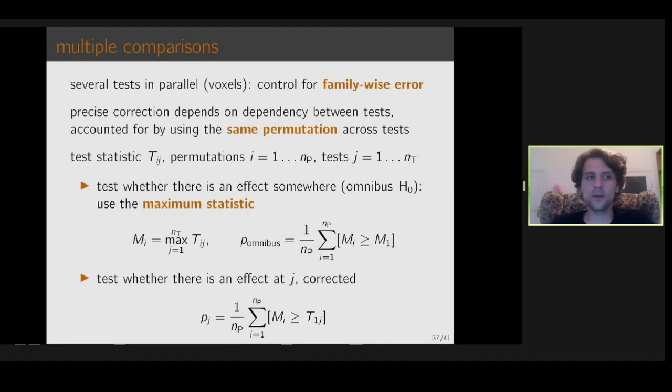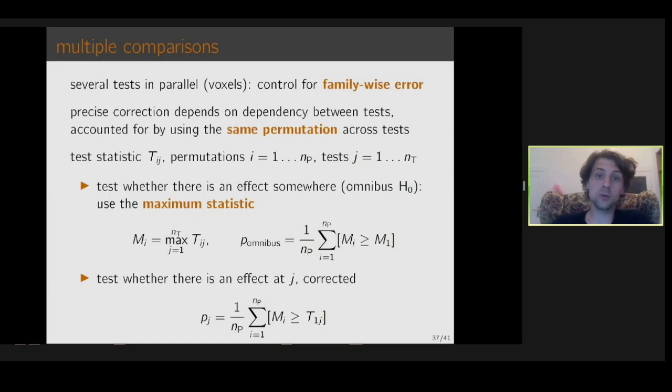And this requires a control of the family-wise error, FWE. The FWE rate is defined as the probability of obtaining at least one false positive result from all the parallel tests you are running.